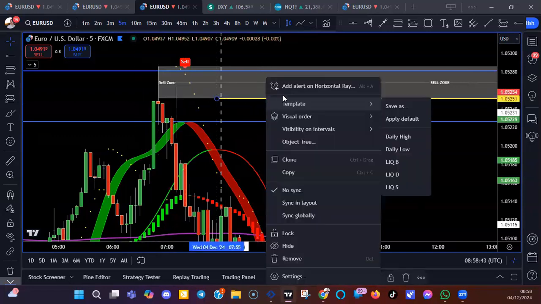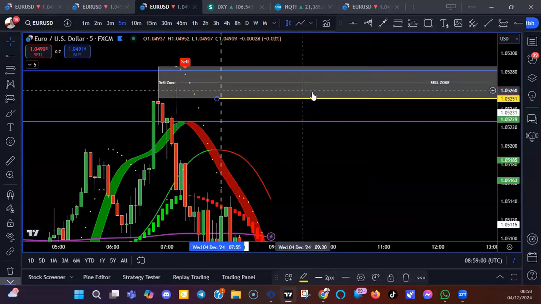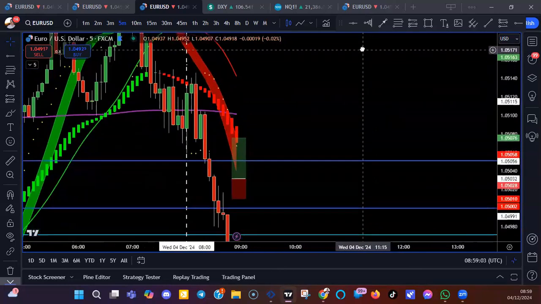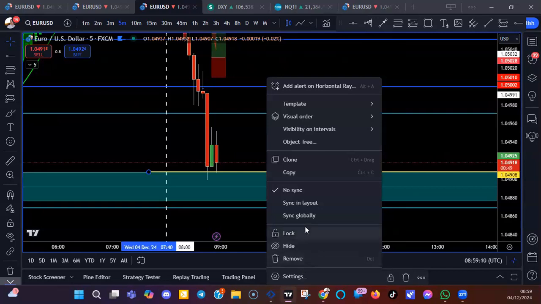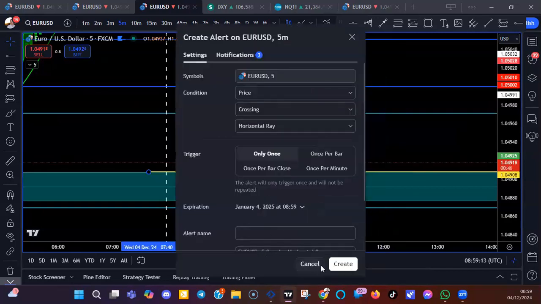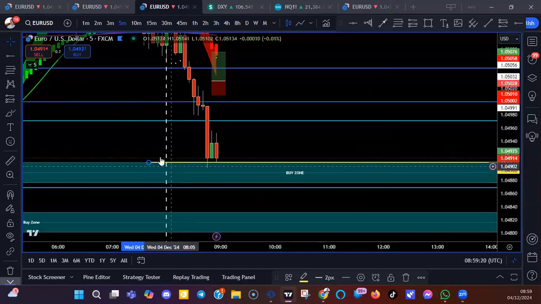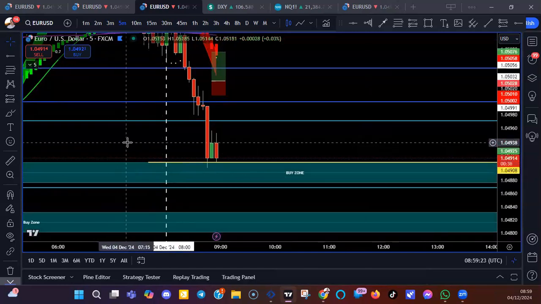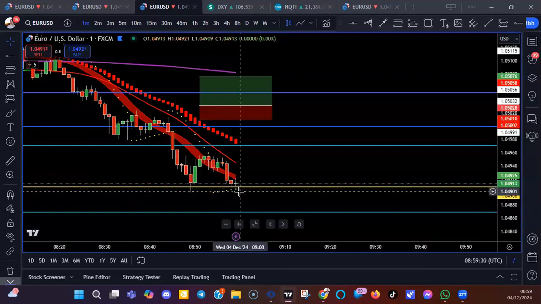What you do is you right click, add alert, and then you could say sell zone, create, and then you'll be alerted if price gets into this sell zone area, and consequently on the buy zone, you add alert on the buy zone, same thing, and then when you hear or see that alert, you can put it back on the 1 minute time frame. You'll be after the next buy alert.